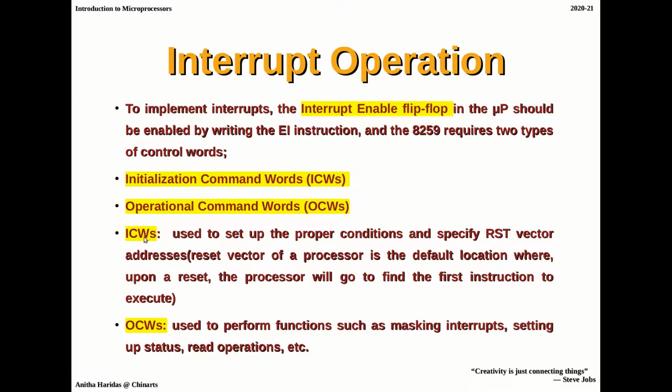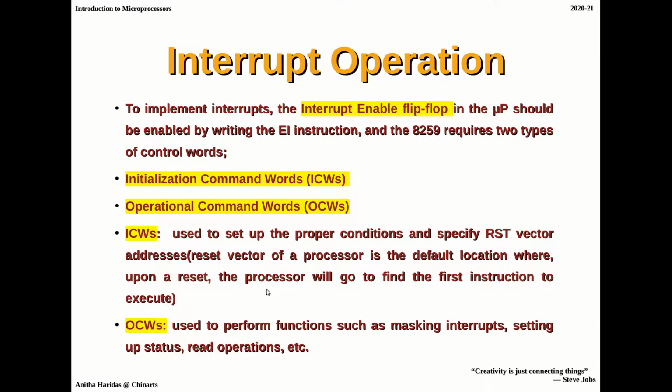Now the initialization command word is used to set up all the initialization conditions required for handling the interrupts, and it is also used to specify the reset vector address. The reset vector of your processor is the default location where, upon a reset, the processor will go to find the first instruction to execute.